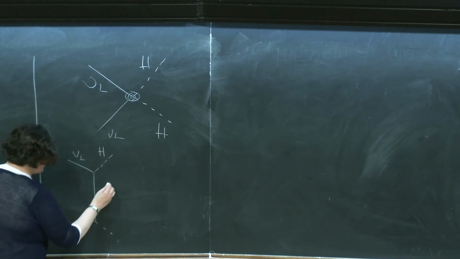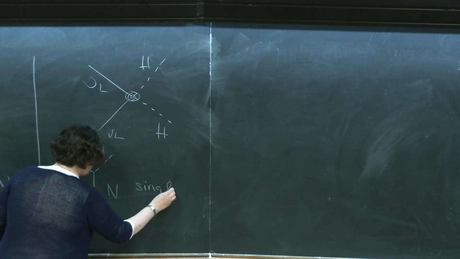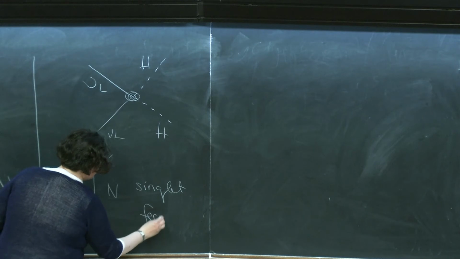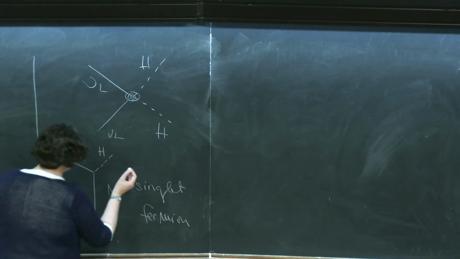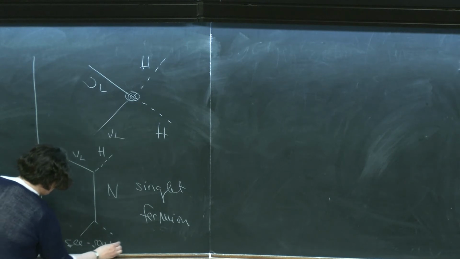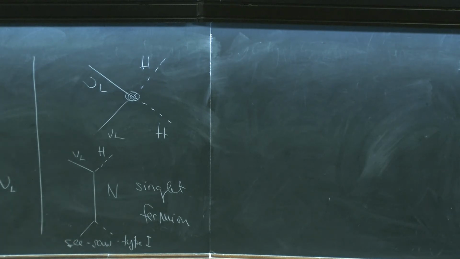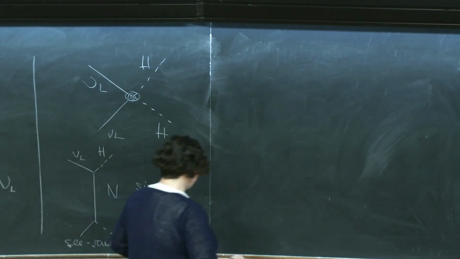This is what is called the seesaw type 1, and this is a singlet fermion. This is by far the most studied case because it's a very simple and natural extension of the standard model, which happens per se in many GUT theories, etc.